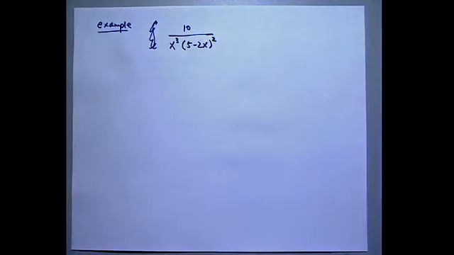Okay, so let's try this one. 10 over x cubed times (5 minus 2x), and that thing is squared.